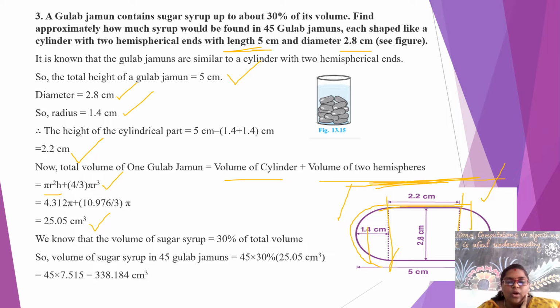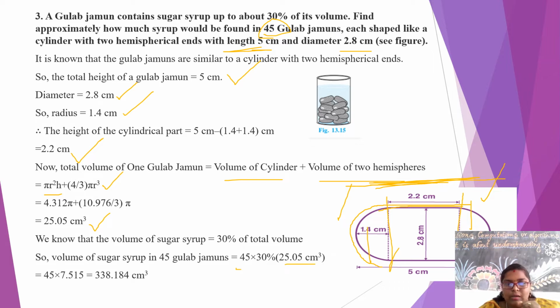Here in the question what they are telling, the volume of the sugar syrup is 30% of the total volume. Total how many gulab jamuns are there? 45 gulab jamuns are there. One gulab jamun volume we found, which is 25.05 centimeter cube. So for 45 gulab jamuns, 45 into 25.05, right?